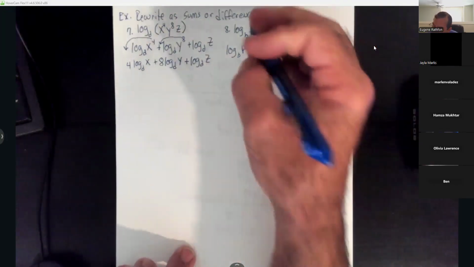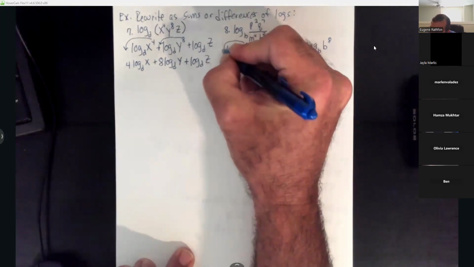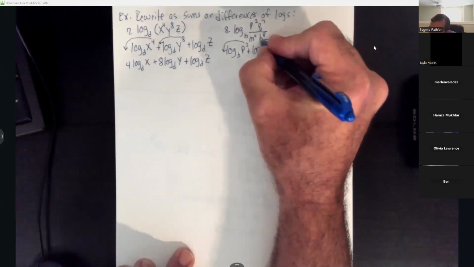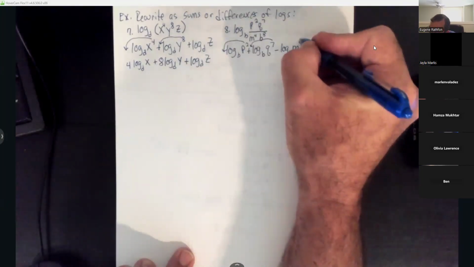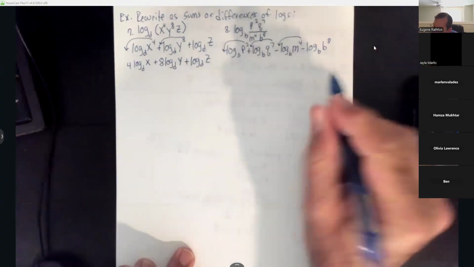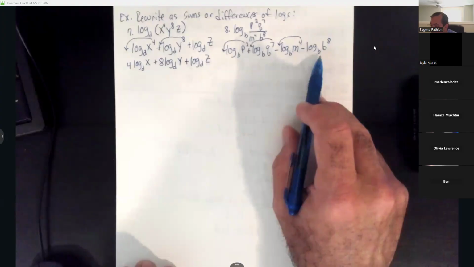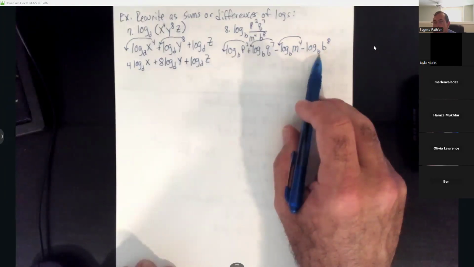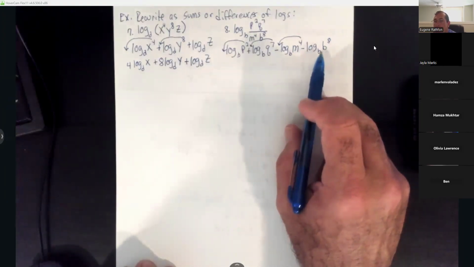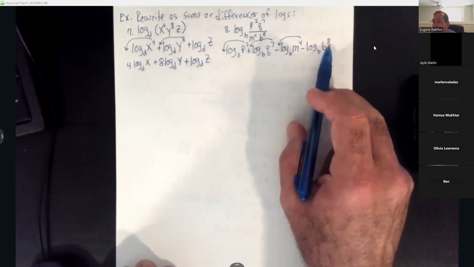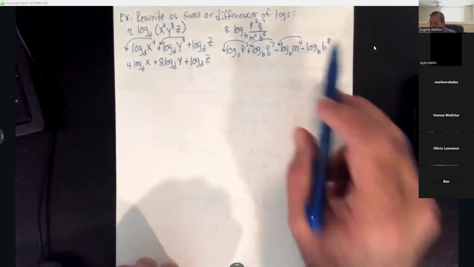So let me tell you this. On three of these, I'm going to bring down those exponents to the front. But y'all, I'm not doing that on this one. Because remember, I gave y'all a property a while ago of a base to a power. That was the fourth one I gave you.